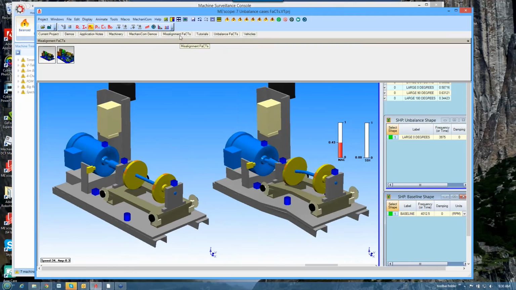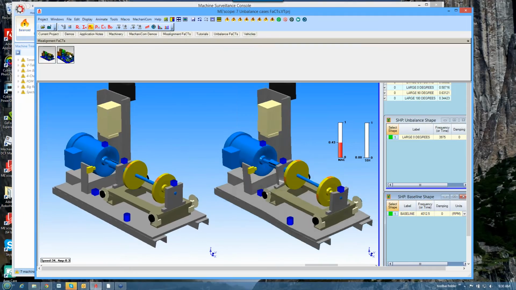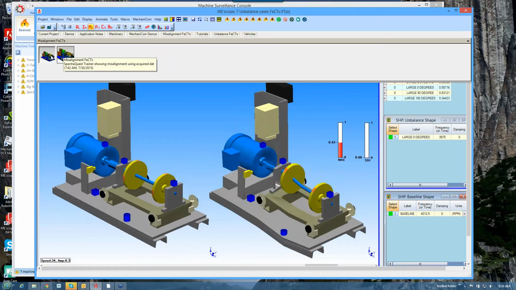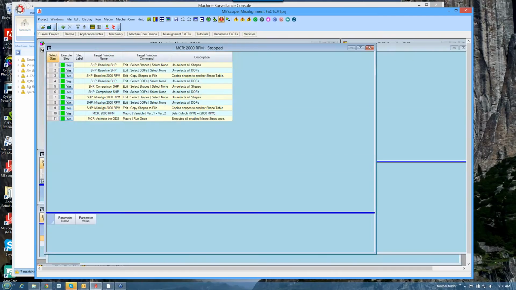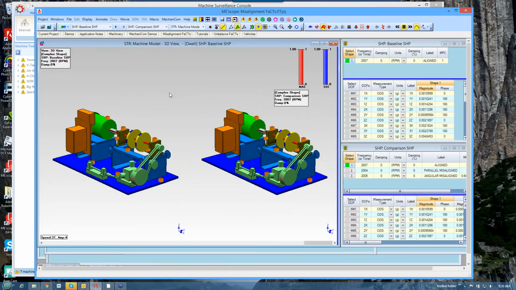Let's go to the misalignment FACS, and I'll open up this project over here. So here's a project. Let's just do this first button here is called Start Over. So that just starts the animation, and I'll come back here and we'll explain all this to you.